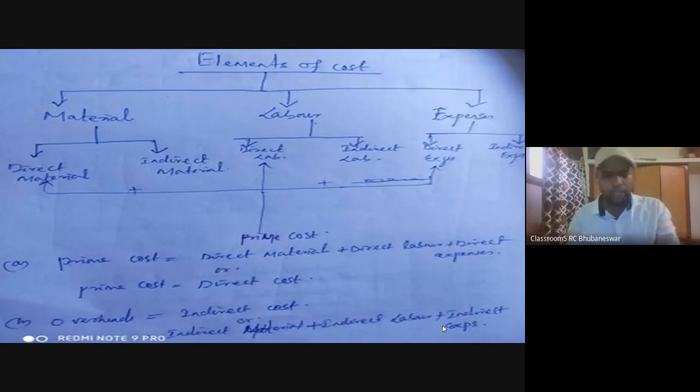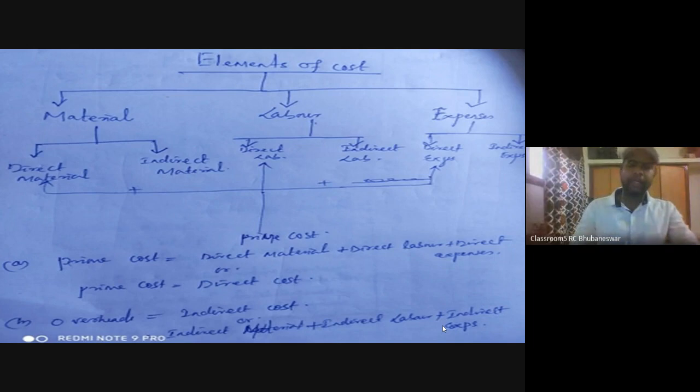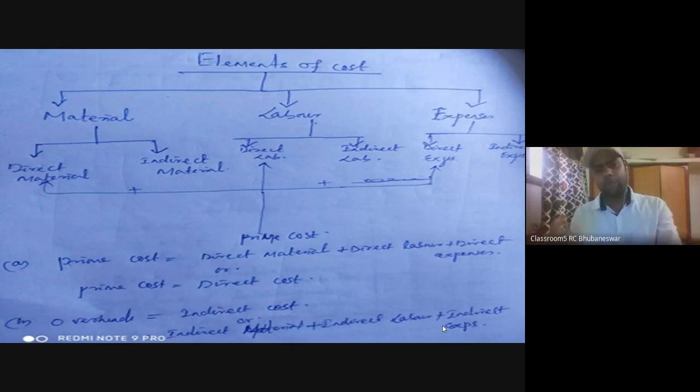Next comes, after segregating into direct and indirect, we will segregate the total entire expenses into direct and indirect parts. That means we will add all the direct and again add all the indirect. After adding all the direct part, that is direct material plus direct labor plus direct expenses, we will get all the direct cost, which is known as prime cost.